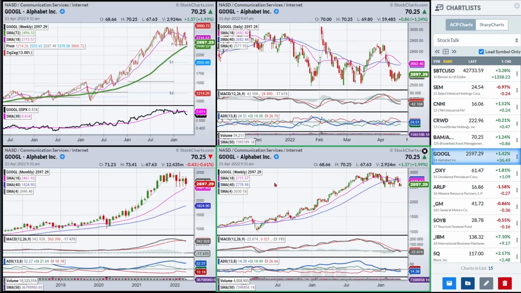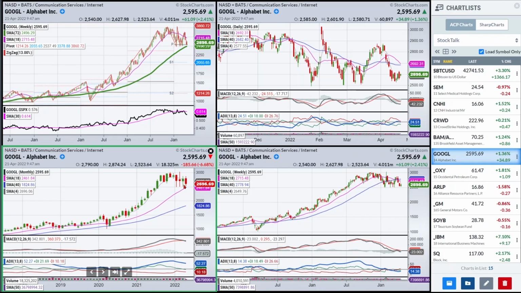Okay, got a question on Google, and I think this is sitting at a really key level. We can see this 25 level has been tested 4 consecutive months now. We still have good momentum conditions in place. We have a strong rising 18-month underneath. But if we break the 2,500 area, I think you have to respect that.